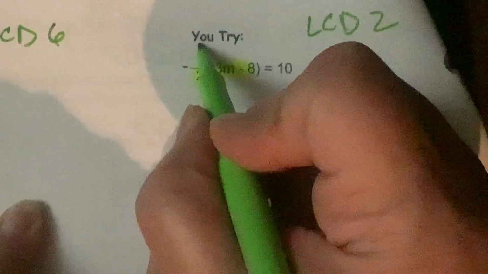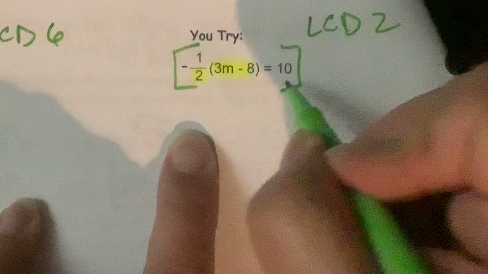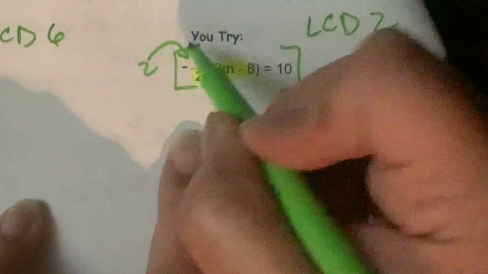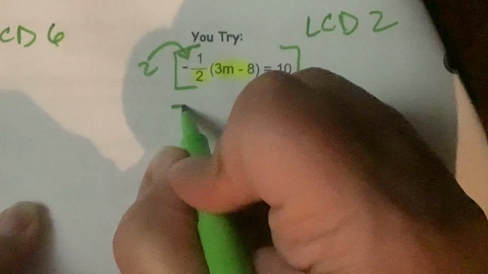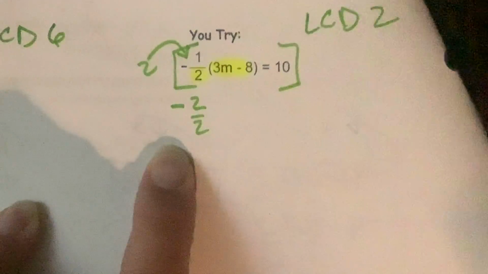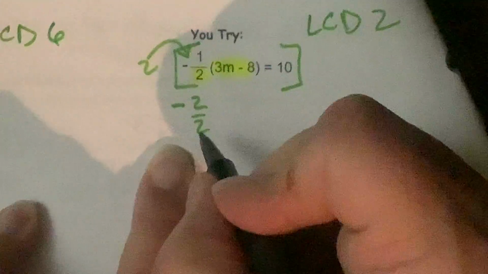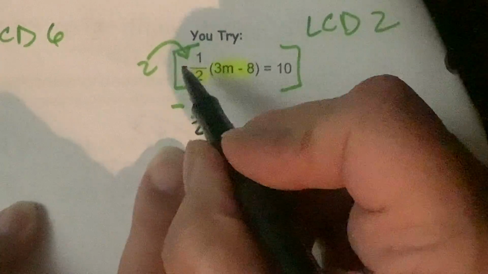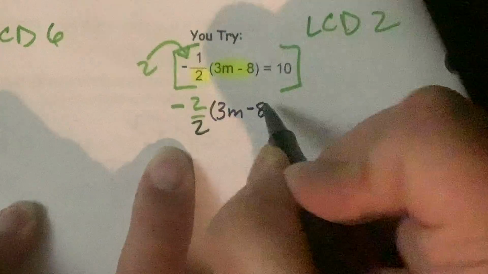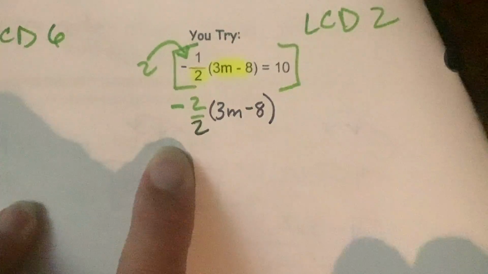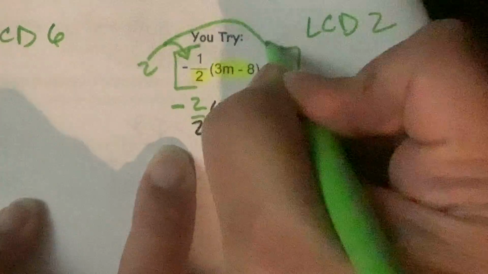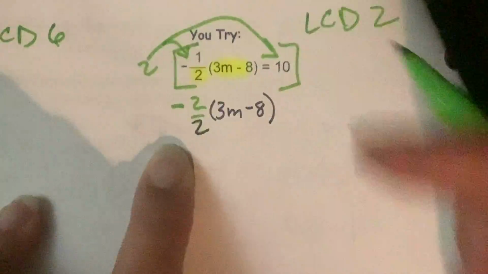It's just the numerator and the number on the other side. So, 2 times negative 1/2 is negative 2 over 2. That denominator shouldn't be green, it should be black. And then 3m minus 8 does not change. That stays the same. And then 2 times 10, which is 20.